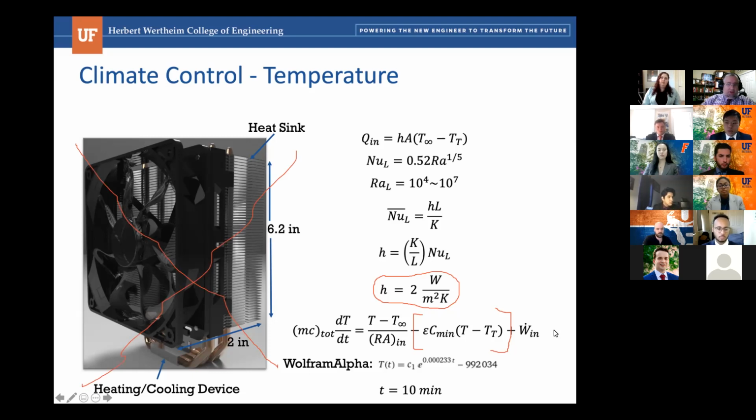And this term that I've bracketed here in red would actually be HA delta T, where this is the H value. What you've done is replace HA delta T with epsilon C delta T. Precisely. I got it. Sorry for the confusion, everyone. No, that's fine. Now that you describe it, it makes sense. I didn't appreciate the first time through that's what you were doing. Yeah, I got you now.